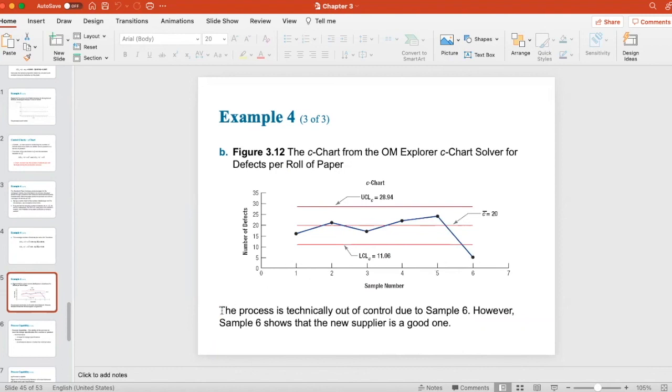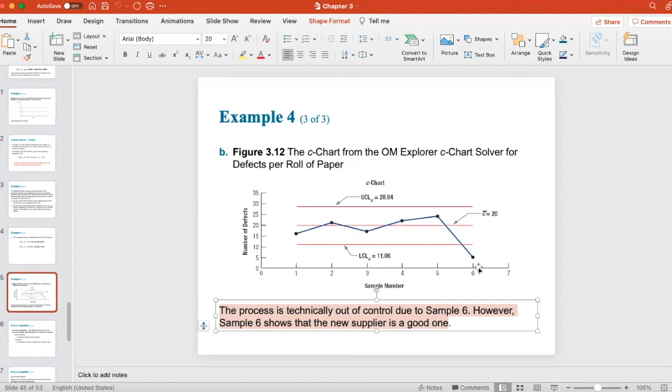So my conclusion is that yes, this is out of control, because the C chart shows a very significant indicator that in sample 6 it breaks the LCL. But breaking the LCL, which is the lower limit, means that after you change the supplier, the number of defective parts within products is decreasing significantly.